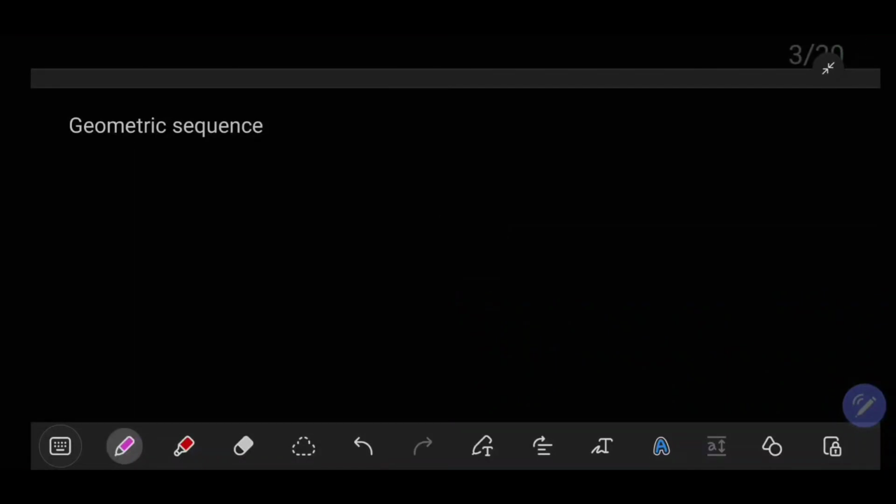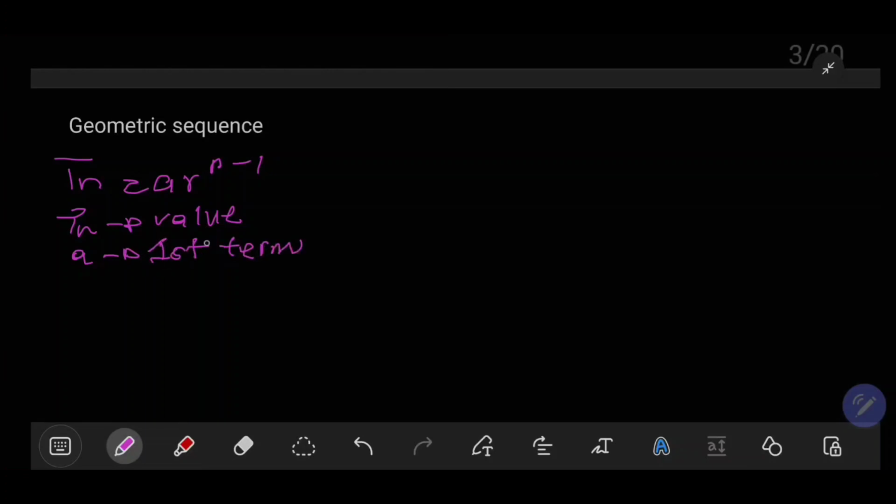All right, in this session, I want us to check the concept of geometric sequence. This is given by Tn = ar^(n-1), okay? Whereby Tn shows you the value of that term, a is our first term, r is our common ratio, and n is the position of that term, and 1 is just a number.